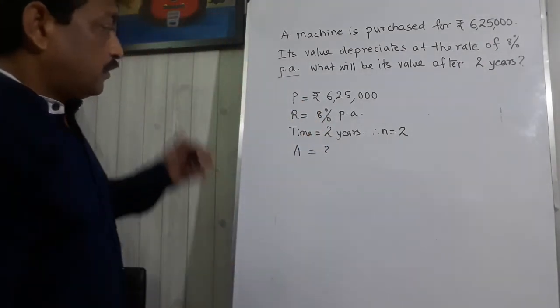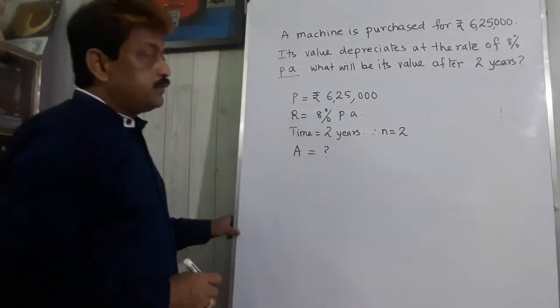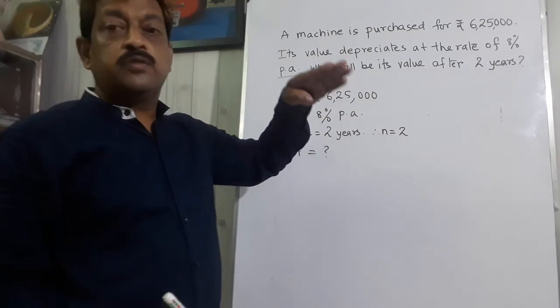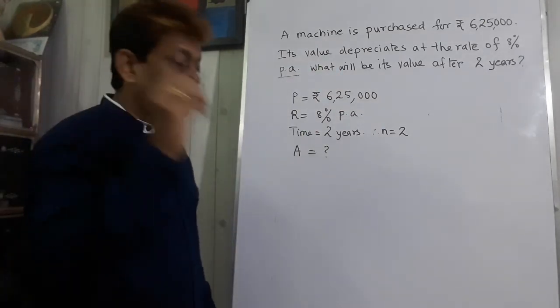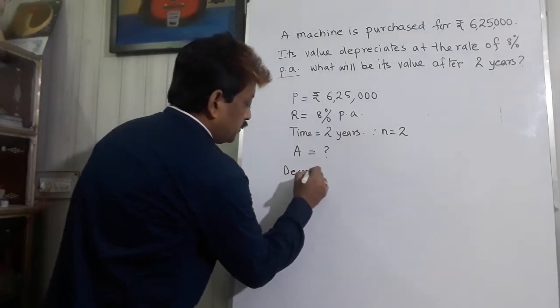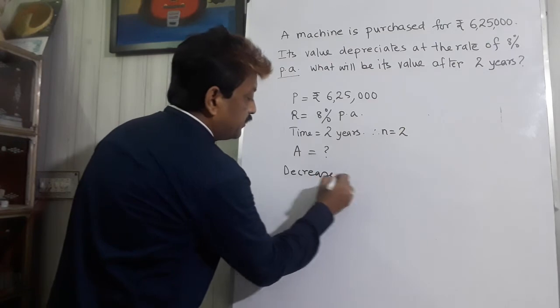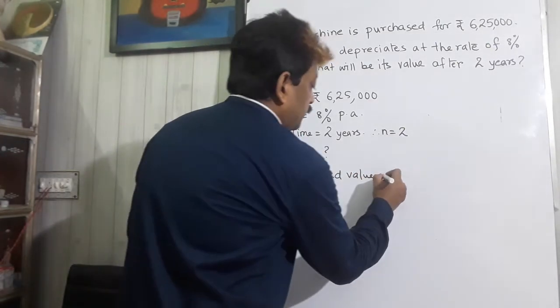Okay. Now the formula. Since the value of the machine is going down, decreasing, there is a little modification in the formula. The decreased value, that is A. A is the decreased value of the machine.